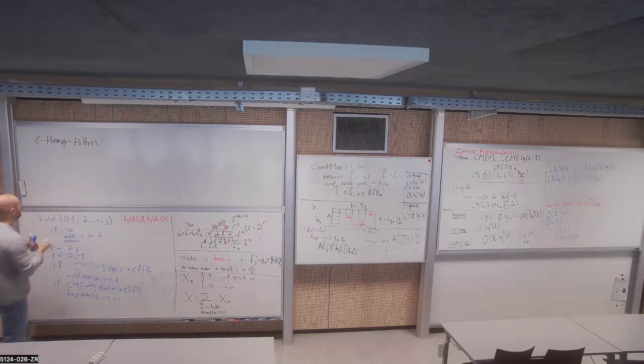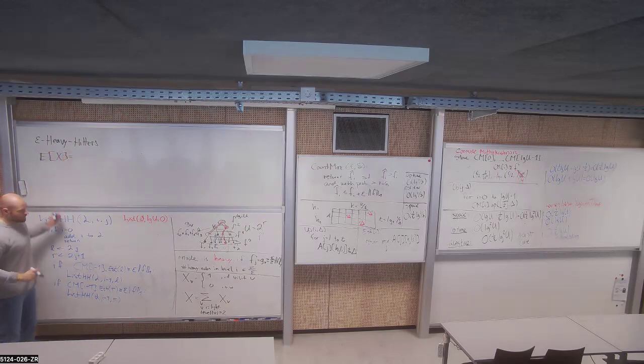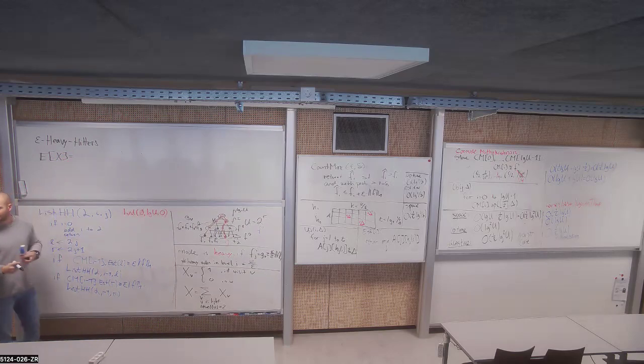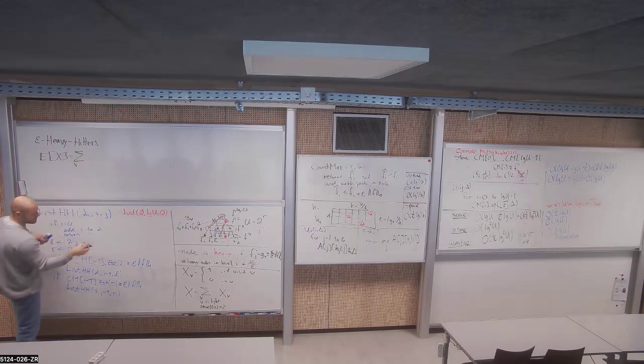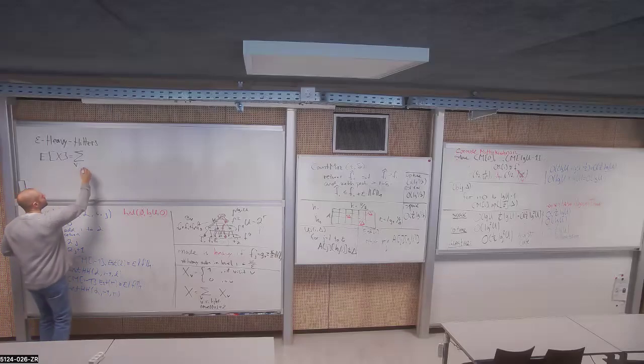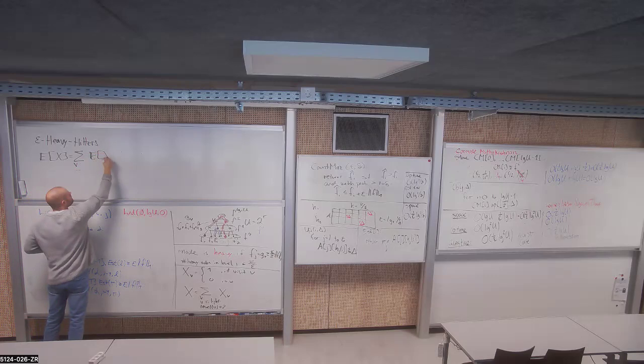So, expectation of x. What do we do first when x is a sum of variables? Use linearity of expectation. Yes. We're going to use linearity of expectation to write this as the sum over all these v, the light nodes of level 2 and up, of the expectation of xv.